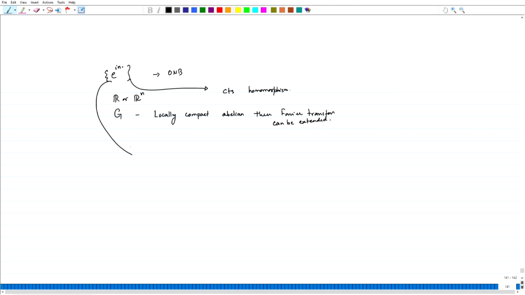Now, as we can see, for the basis part, e to the power 2 pi i j x is not integrable.